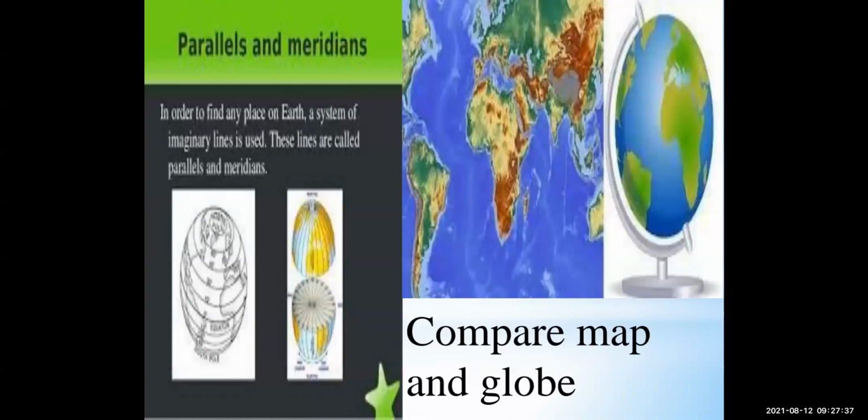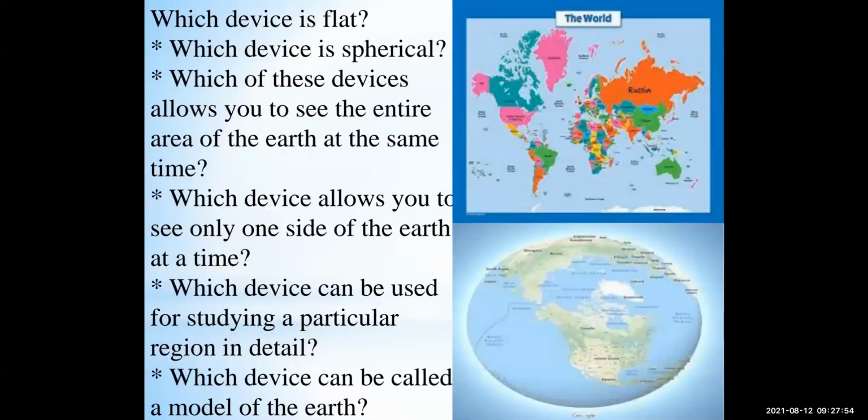So students, here we are going to compare the difference between a map and the globe. How can we say that it is a map, or that it is the earth? So we are going to compare them. Here are the questions.